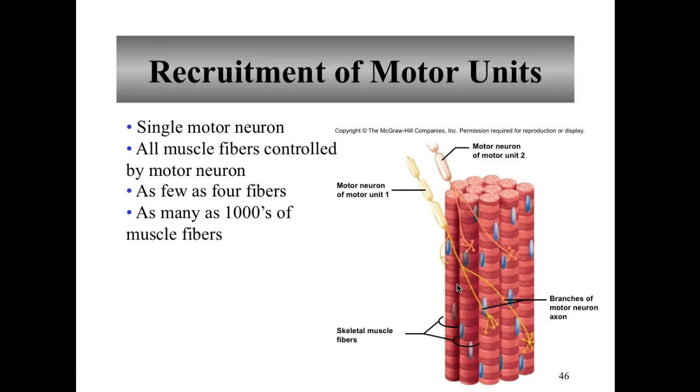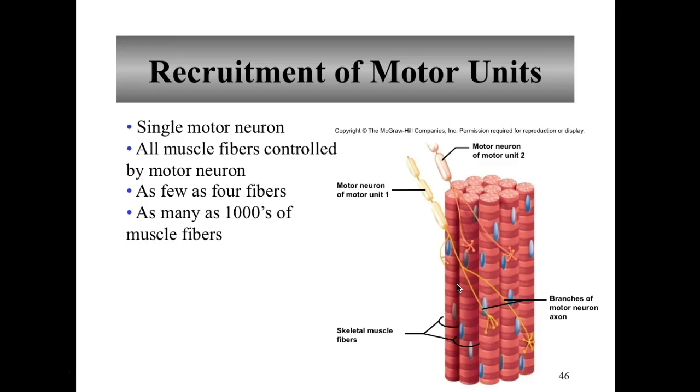Remember that a motor unit is a motor neuron plus the many skeletal fibers that are going to be stimulated by that motor neuron. The motor neuron branches into several motor nerve endings, and it can stimulate many skeletal muscle fibers. The skeletal muscle fibers are all stimulated at the same time by just one motor unit, depending on what that motor neuron is connected to.